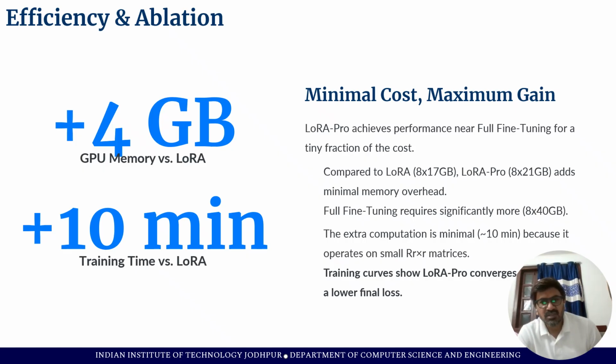The reason the cost is low is that these new calculations, like the orthogonalization, are performed on tiny r by r matrices, for example an 8 by 8 or 16 by 16 matrix, not a massive million-parameter model weight. So we get a significant boost in performance and stability for a cost that is almost identical to standard LoRA.